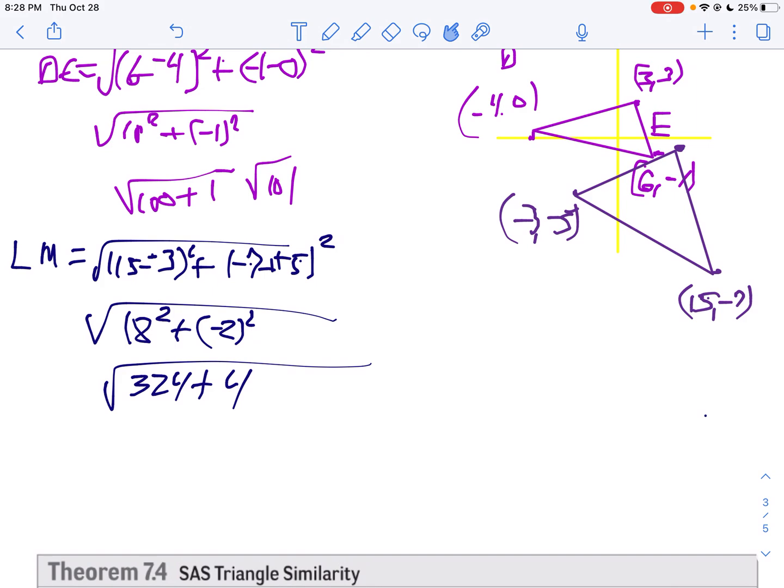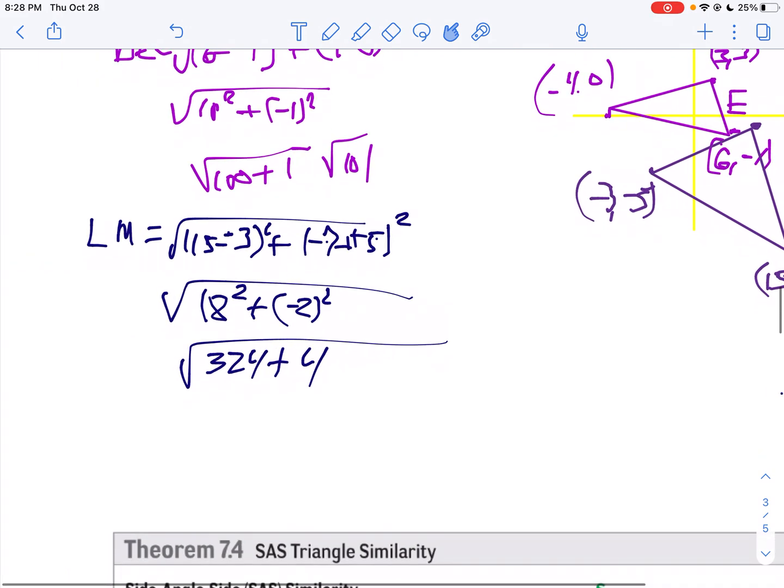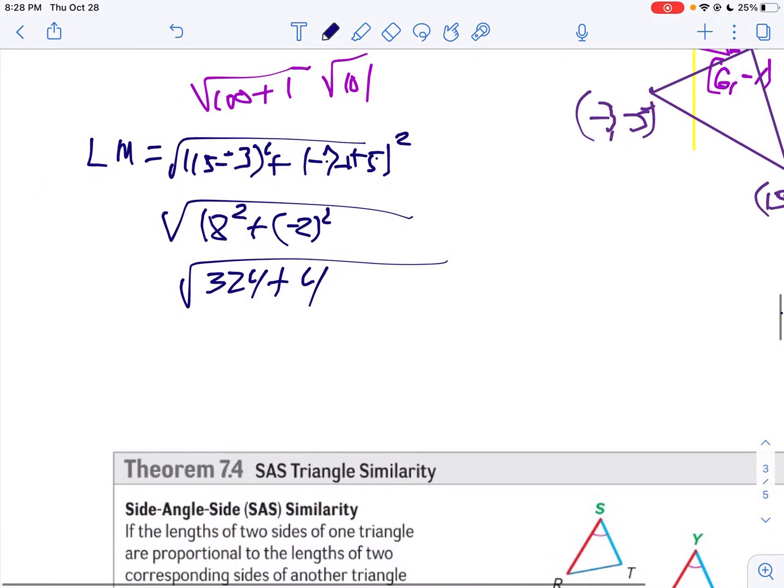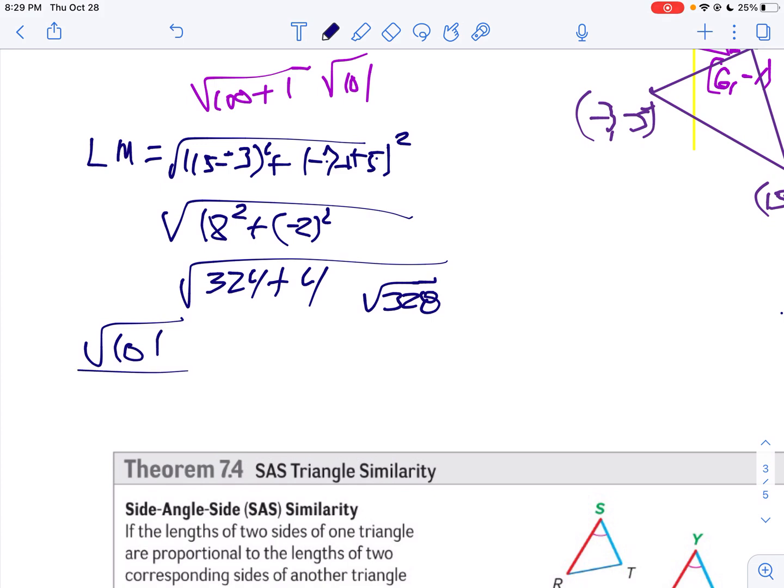Now, I'm going to look at the ratio between these two. Well, first of all, notice this is the square root of 328. So I'm going to look at the ratio of 101 to 328.